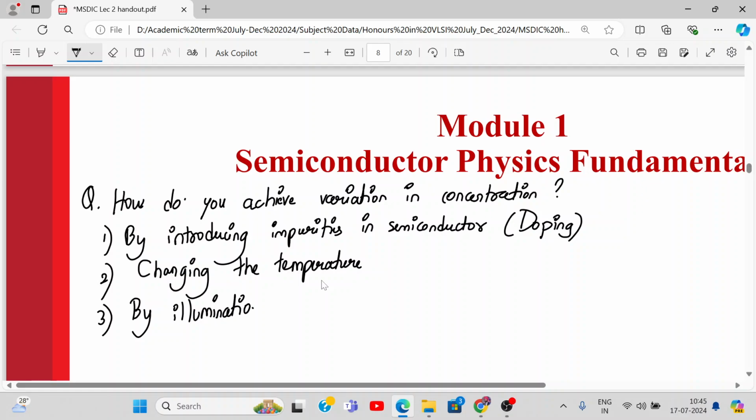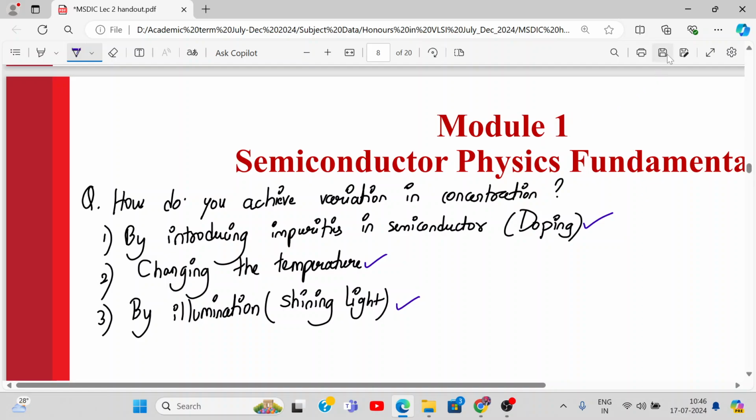So by shining light on certain semiconductor materials, you can change its concentration. So these are the three techniques by which you can change the concentration of charge carriers: introducing impurities, changing the temperature, and illumination, that is shining light. All right, everyone.